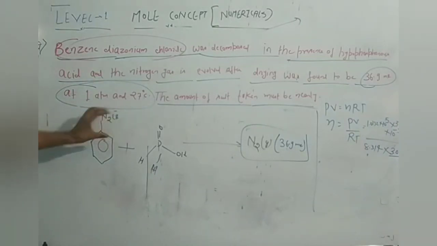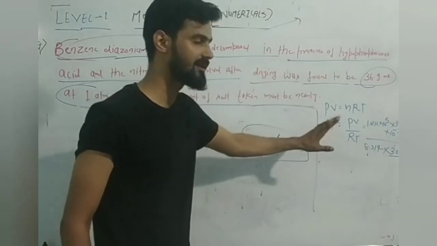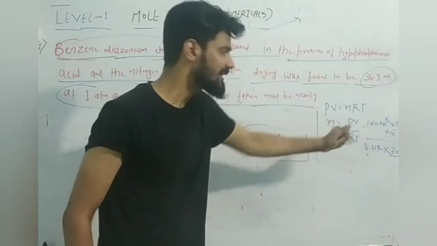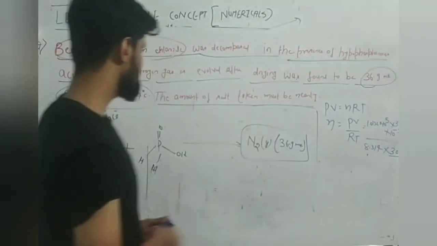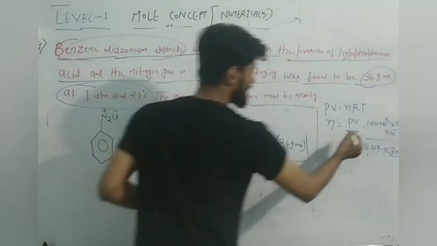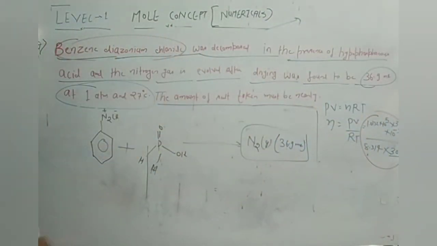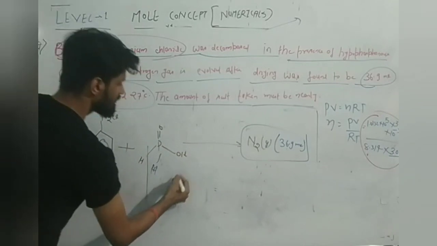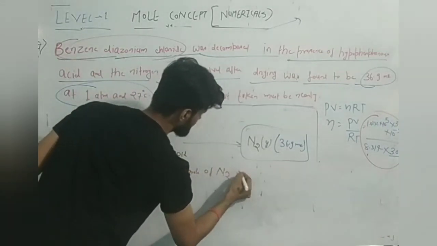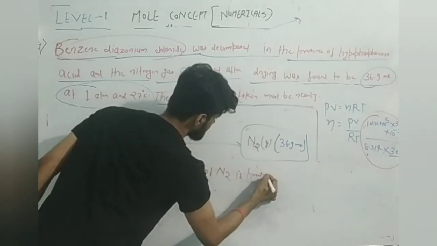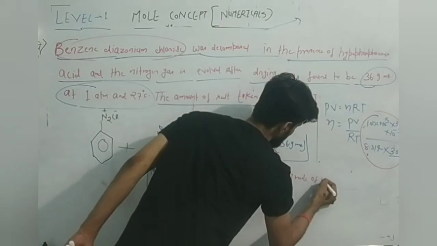If you react 1 mole of diazonium salt, it will produce 1 mole of N2, nitrogen gas, at the prevalent condition of temperature and pressure. So 1 mole of N2 is produced by 1 mole of salt.